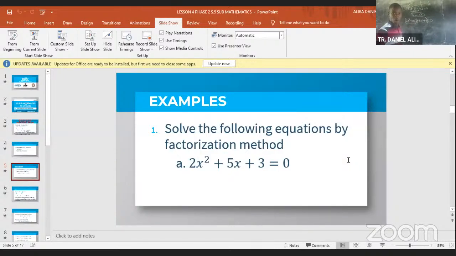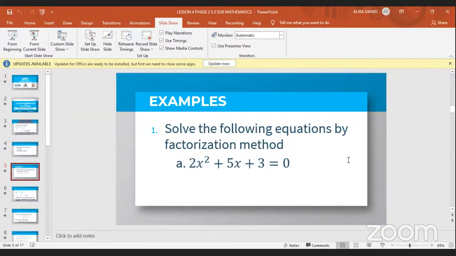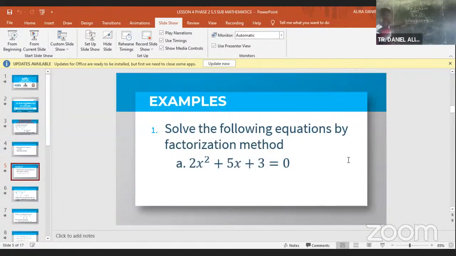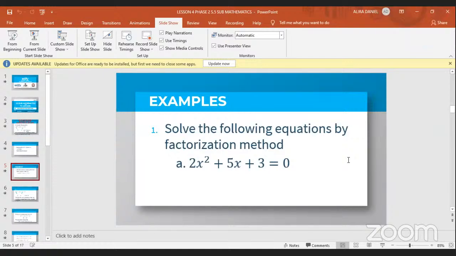Yes, Michael. Teacher, it is 2. Michael says the common factor here is 2. Okay. Let me see from Adela Betty. The common factor is 2x.